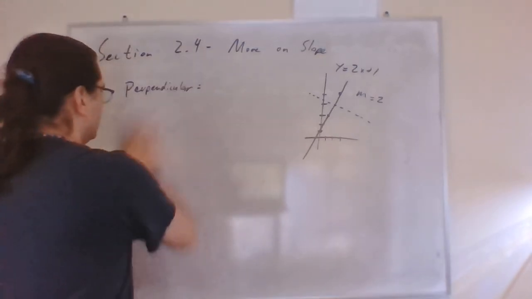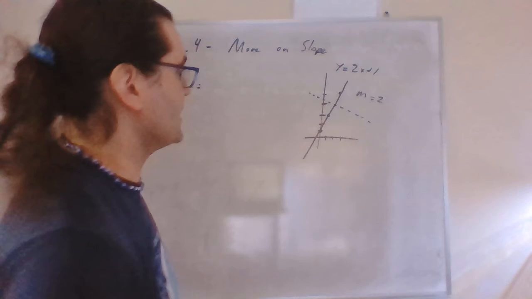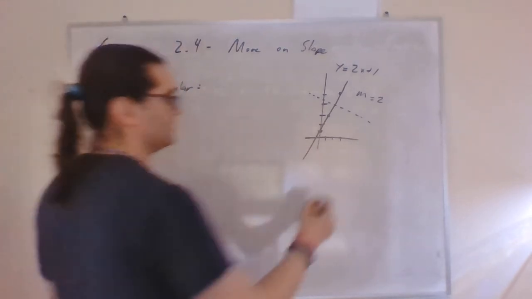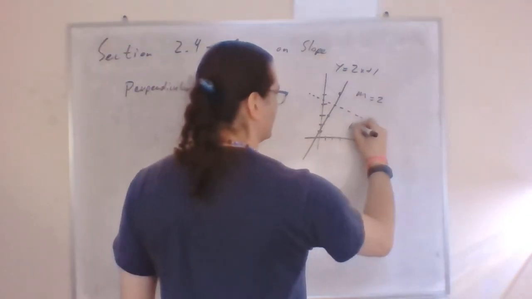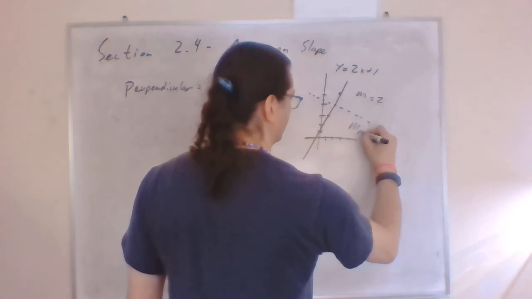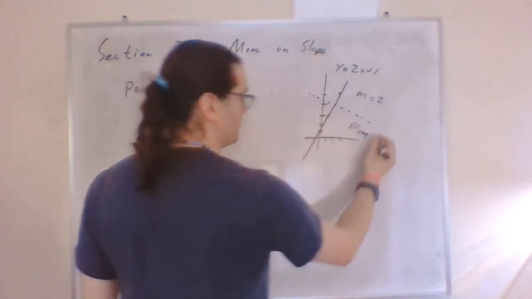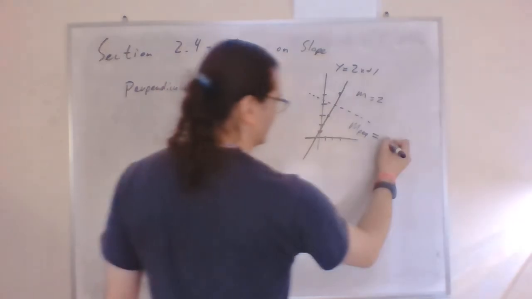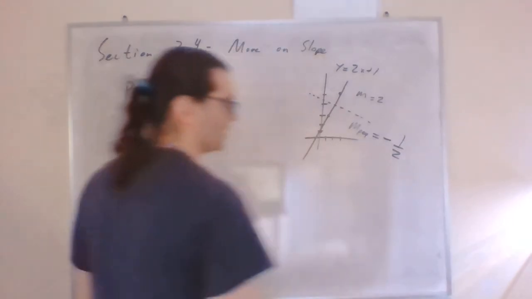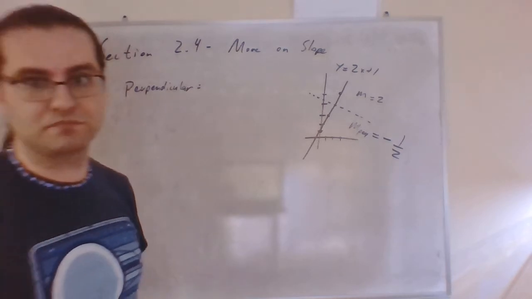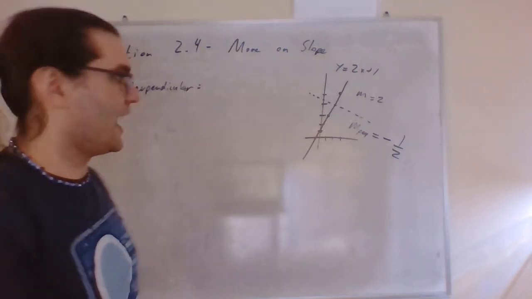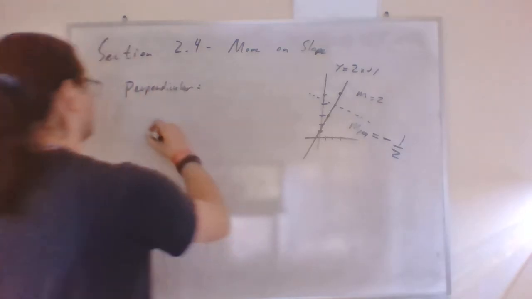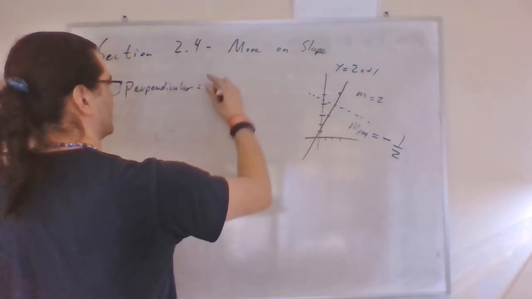So it turns out, with this in mind, that the perpendicular slope to 2 is negative 1/2. And in general, sorry, I should say perpendicular means right angles.